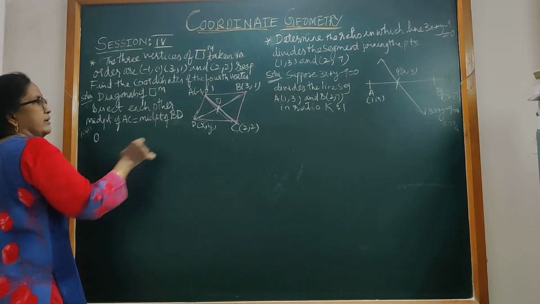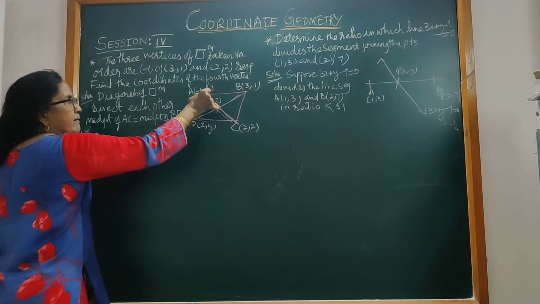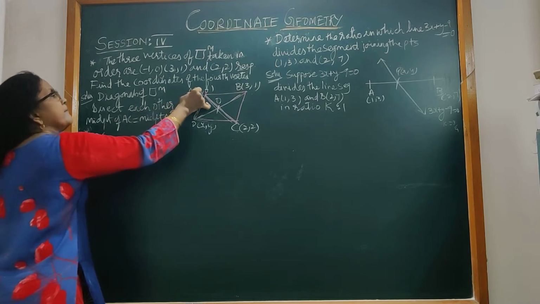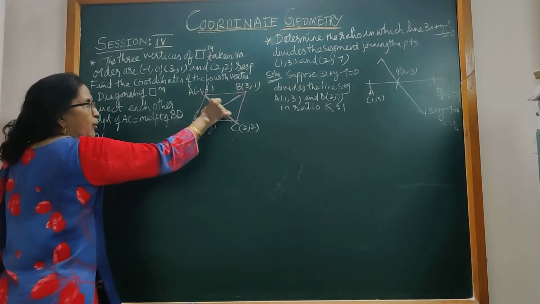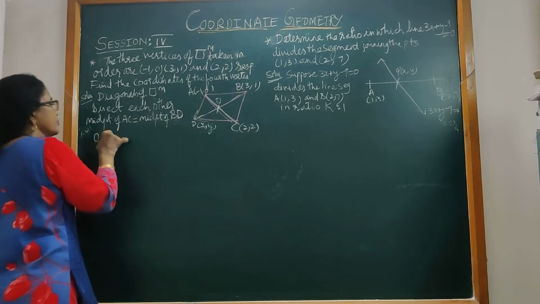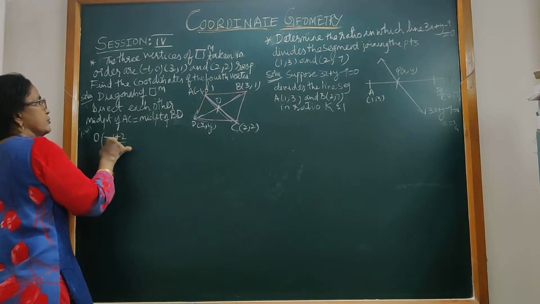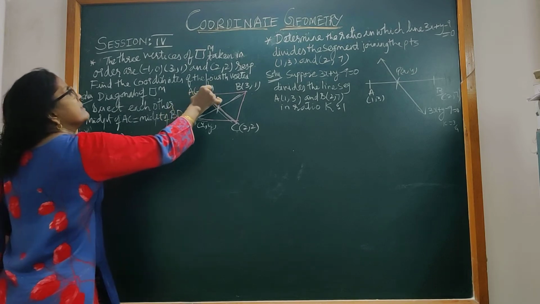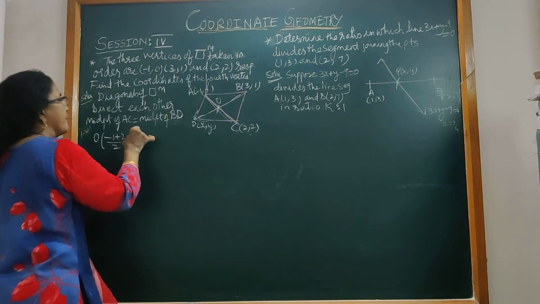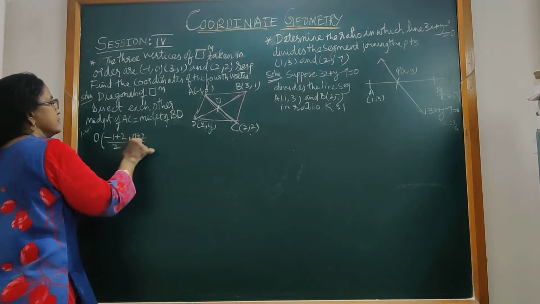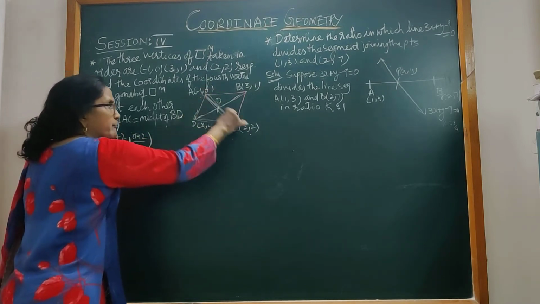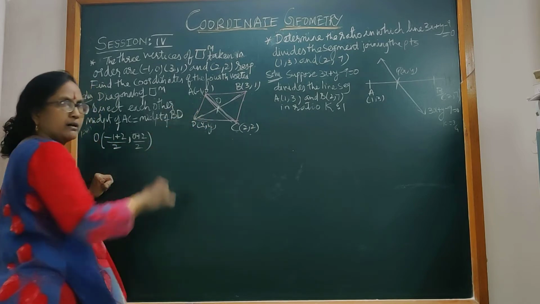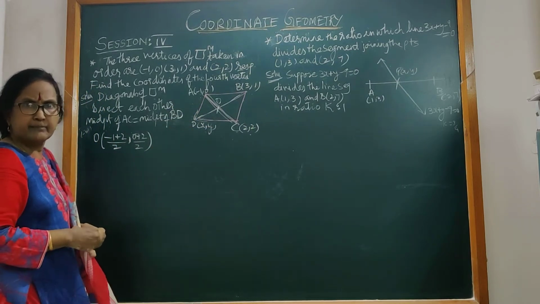The coordinates of this O will be the midpoint of AC. Okay, we will find the midpoint of AC: (-1 + 2)/2, (0 + 2)/2. Now see, whether you find the midpoint from here or from here, the coordinates should remain the same.